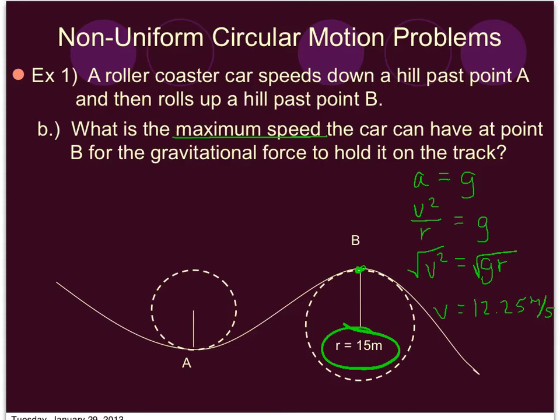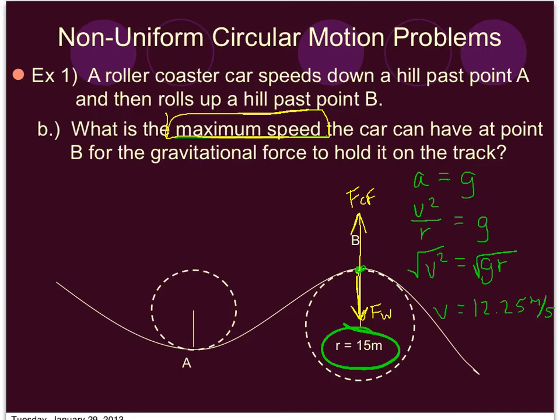The other way that you can think about this problem is that at point B, we know that it's going to have a force of weight caused by gravity, and it's also going to have this centrifugal force that's acting outwards. And if it's going at its maximum speed, it's really not going to have any normal force at that point.